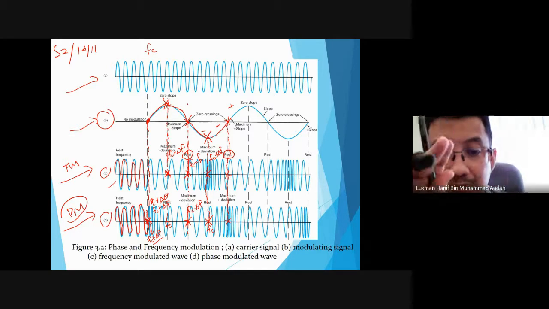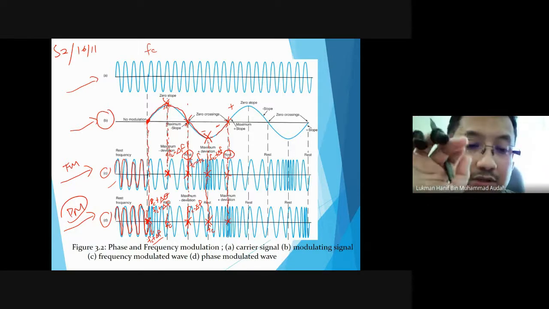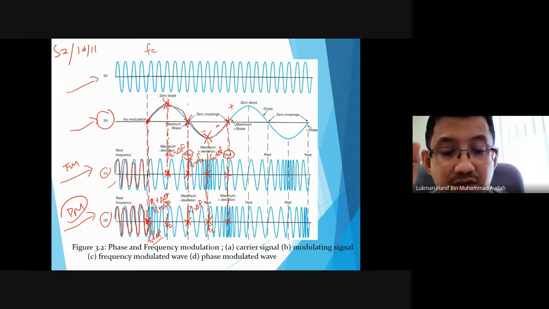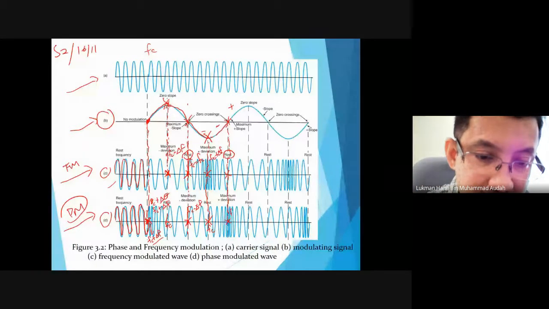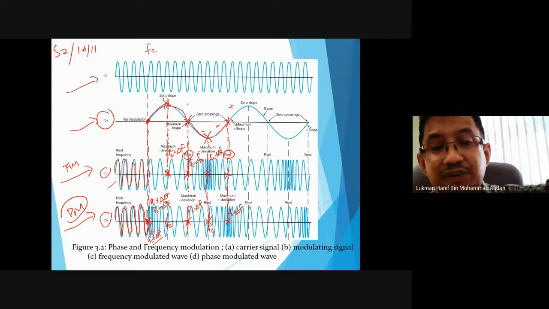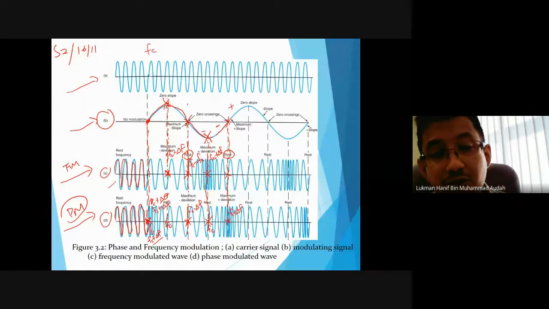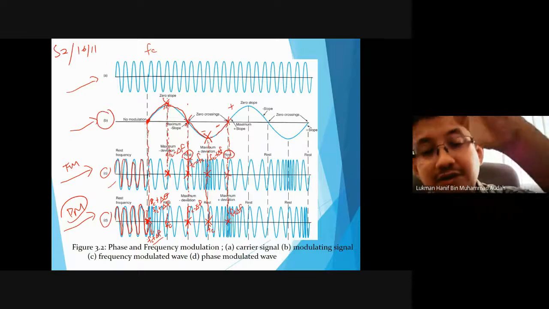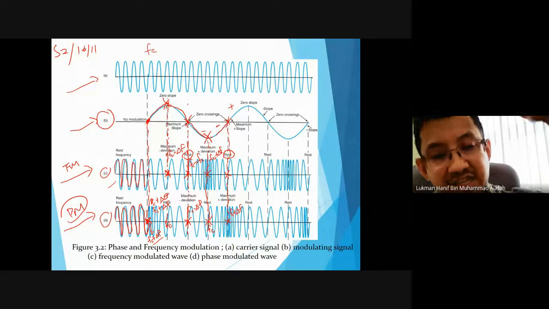You see that the ripple is close one another, rapat-rapat. So the carrier frequency at this point becomes Fc plus delta F. So carrier frequency is at the maximum value. Pada ketika zero crossing negatif ke positif, nilai carrier pada output menjadi maksimum, paling tinggi.